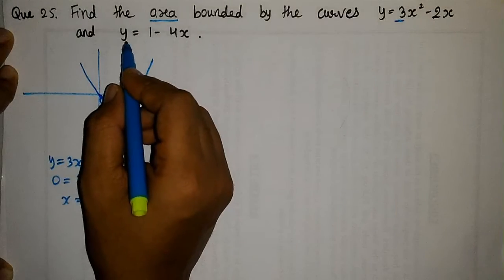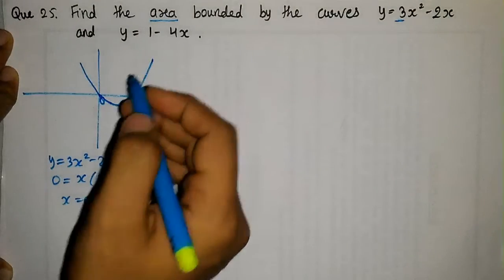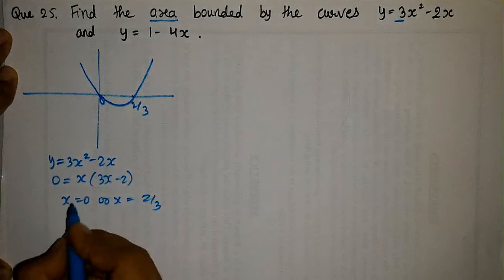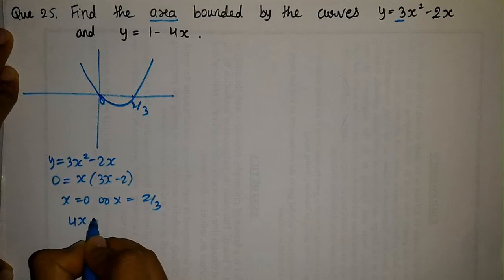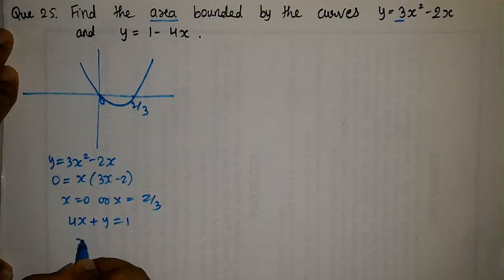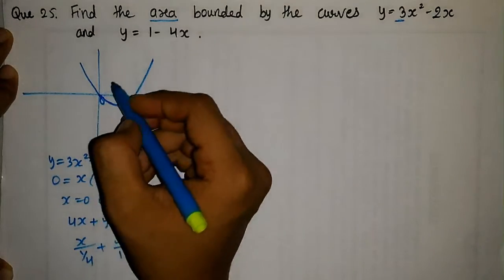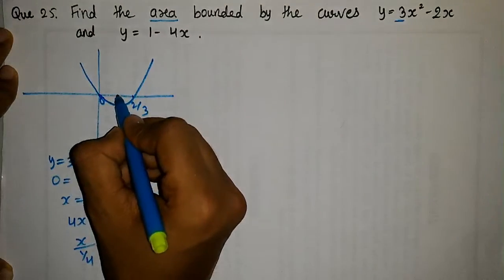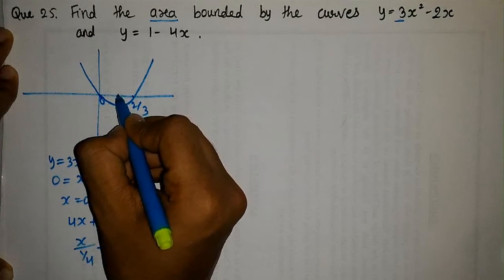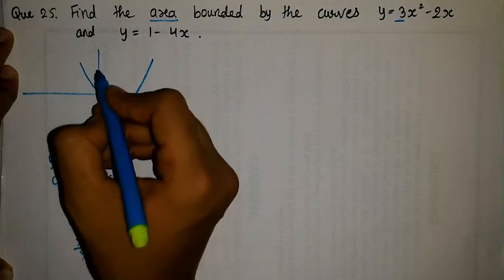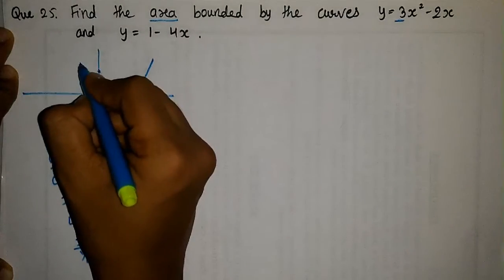And we are given the other equation, y is equal to 1 minus 4x. For that let's convert into intercept form of line. So 4x plus y is equal to 1, so x upon 1 upon 4 plus y upon 1 is equal to 1. So its x-intercept is 1 upon 4, it will be somewhere here, and 1 will be somewhere here.